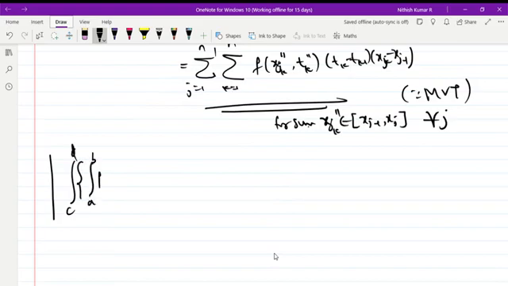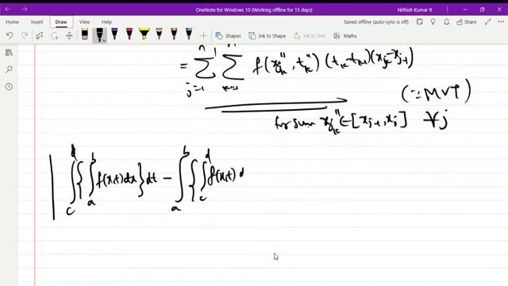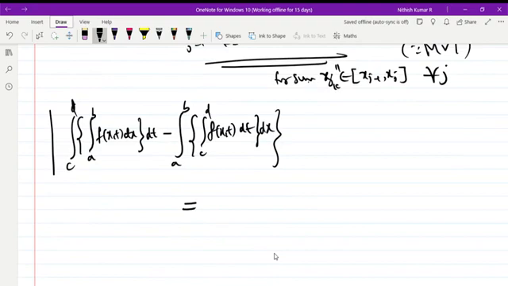Now consider their absolute difference. That is, modulus of integration c to d, integration a to b, f of x comma t dx into dt, minus integration a to b, integration c to d, f of x comma t dt into dx.